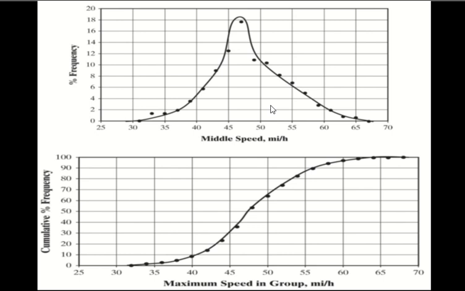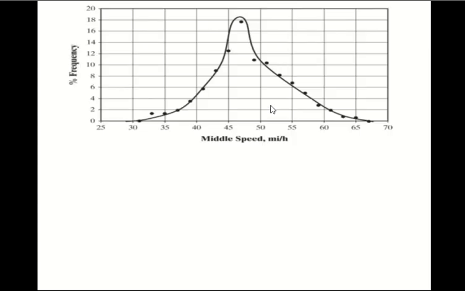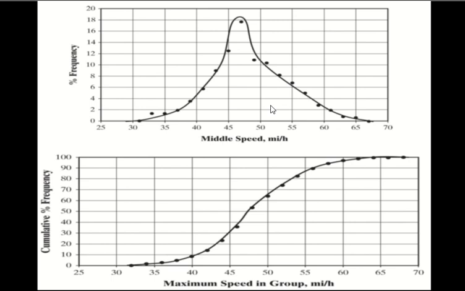On the y-axis, which column? Number 6, this one. And on the x-axis, which column? 2. Okay, the upper limit. Clear?